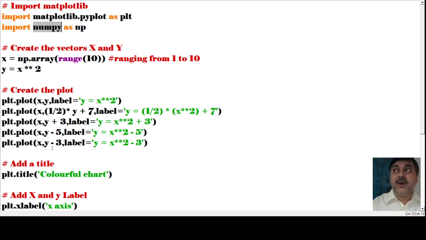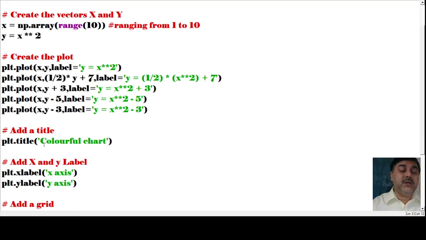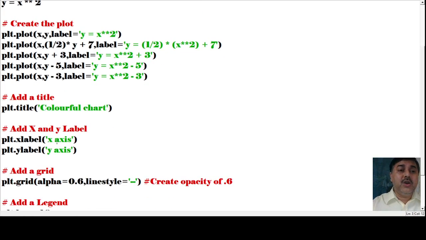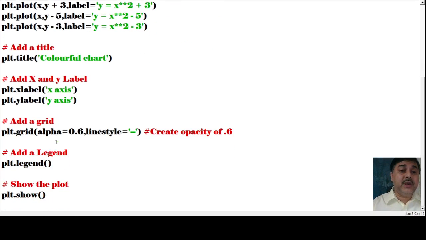So as we are defining those different line values, we have now given the title. I have given the name as a colorful chart, and then plt.xlabel has been given as x axis, ylabel has been given as y axis, and you see here the gridding.